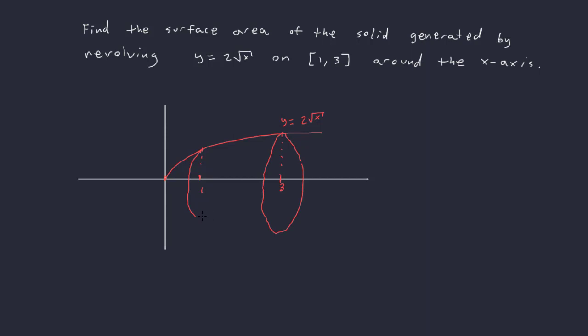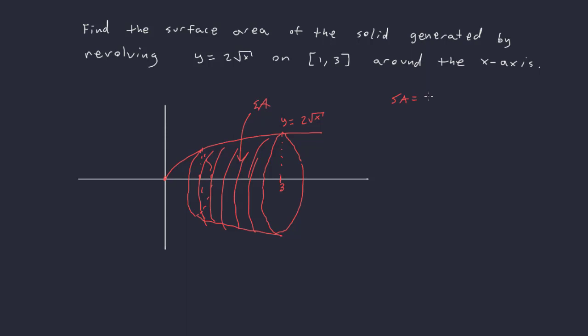Nothing really brand new there, except now we're only looking at the surface area. So we're not finding the volume, we're finding the surface area. Okay, so we just crank through the surface area formula.